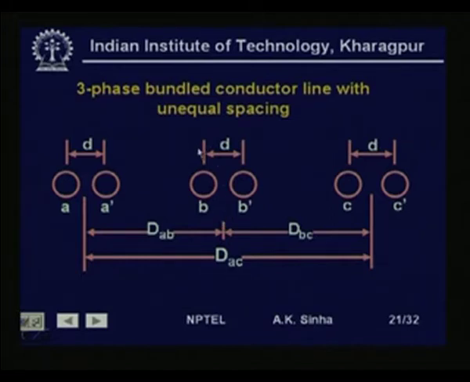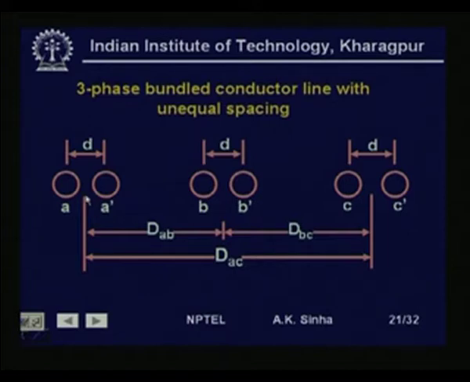Now, let us take a more general case where we consider a 3 phase bundle conductor line with unequal spacing. We have here a 3 phase line with 2 conductors in a bundle for each phase, and this configuration for the 3 phase system is a horizontal configuration.